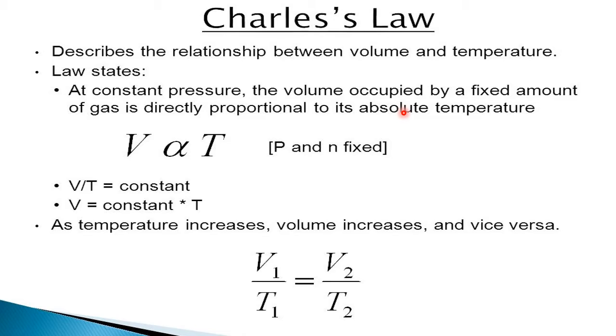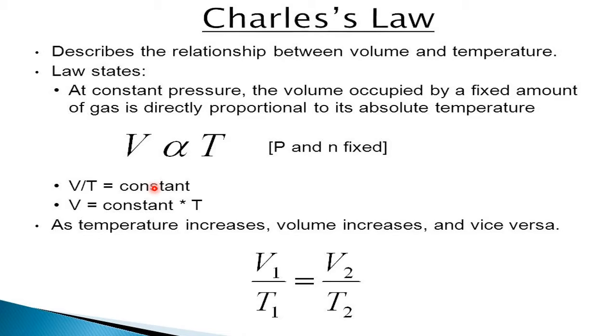So that means volume and the temperature are directly related. Mathematically, V is directly proportional to T, and if you remove the proportionality sign, we have to keep some constant. Therefore, V equal to constant into T, or if you go for the cross multiplication, V by T is equal to constant, as we have done in the case of Boyle's law.